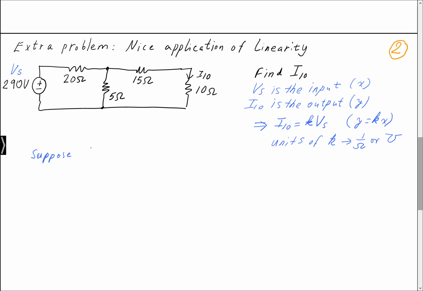So suppose I assume that I10 is equal to 1 amp.